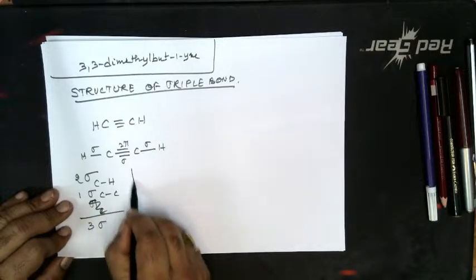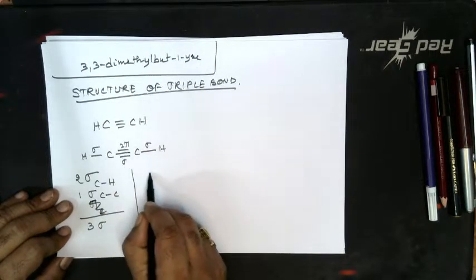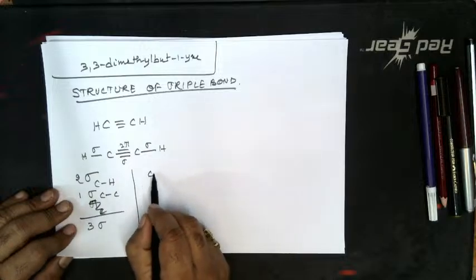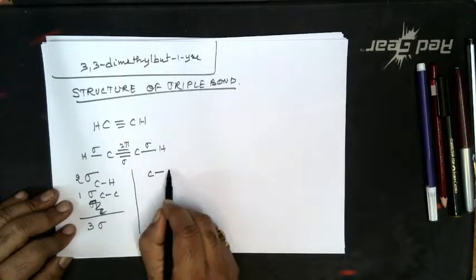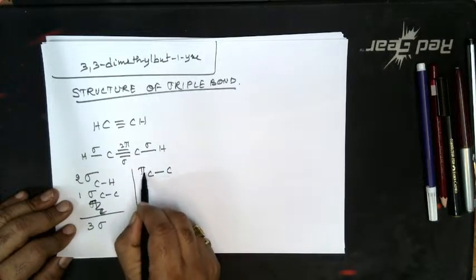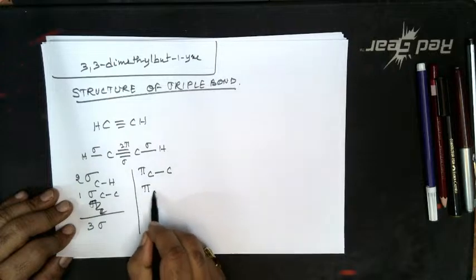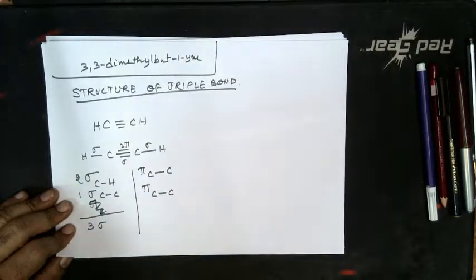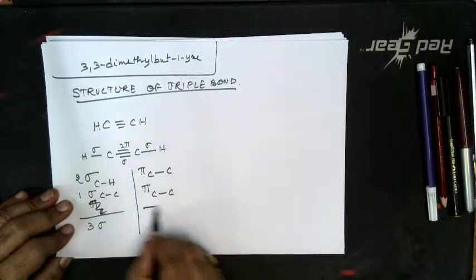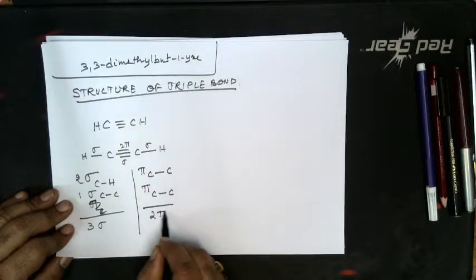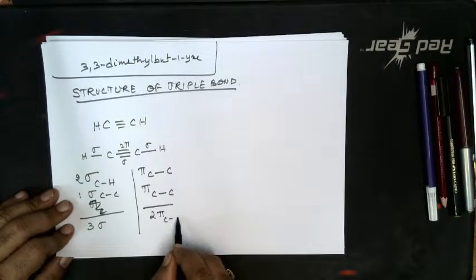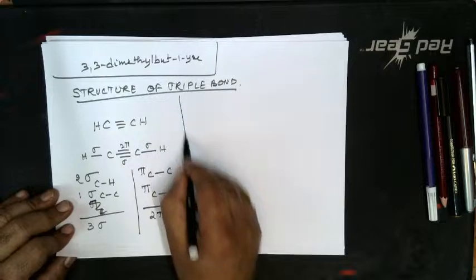And here there is a C pi bond, and you have another C pi bond. It means you have 2 pi bonds in the CC bond. So let us classify it completely.